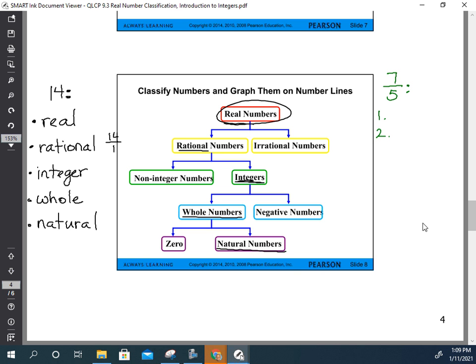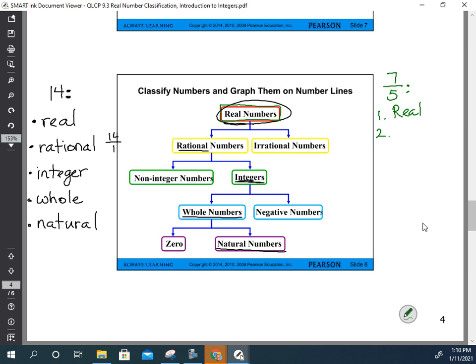There's 2 categories that it falls in. What are those 2 categories? My hints start all the way at the top of the chart. Start at the top of the chart. The real number. Start there.